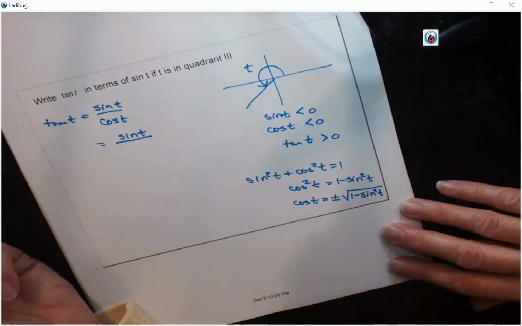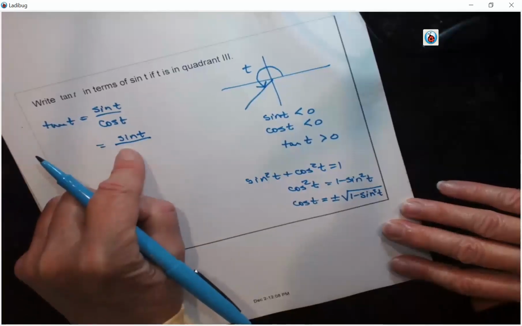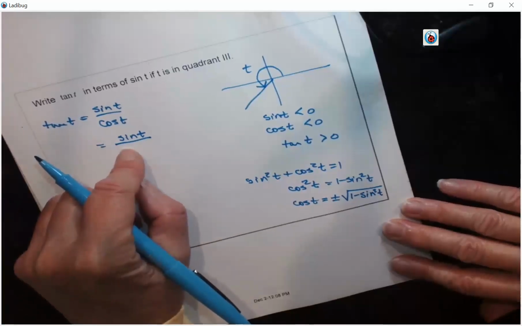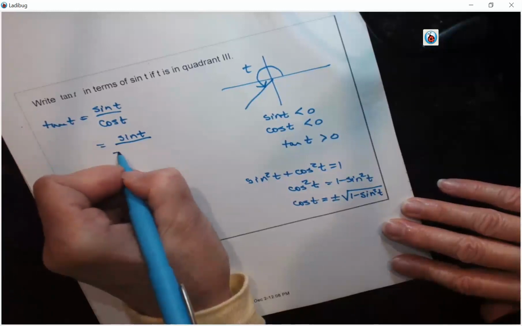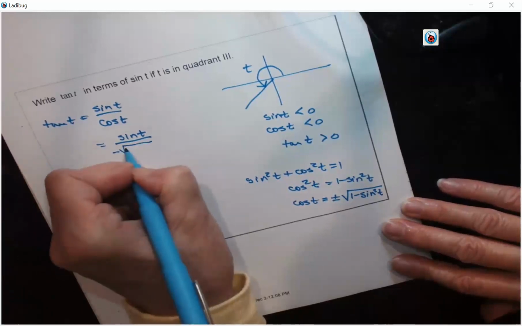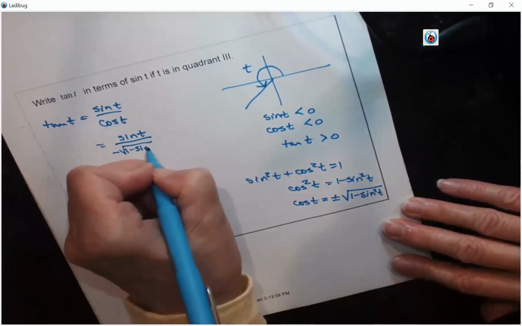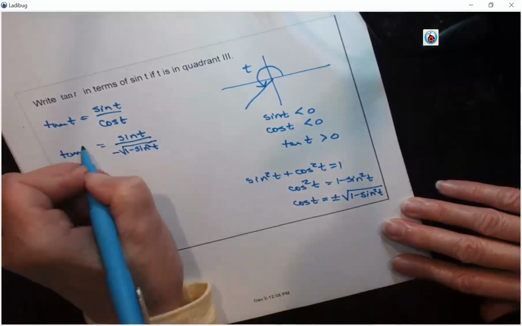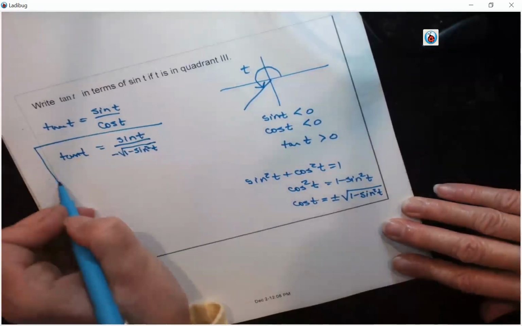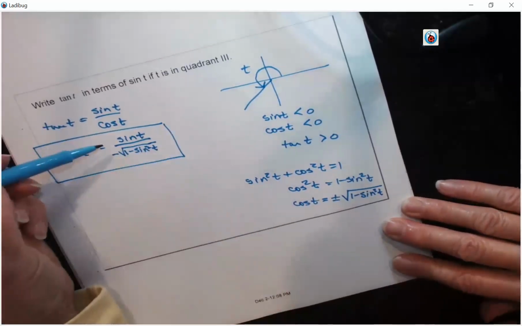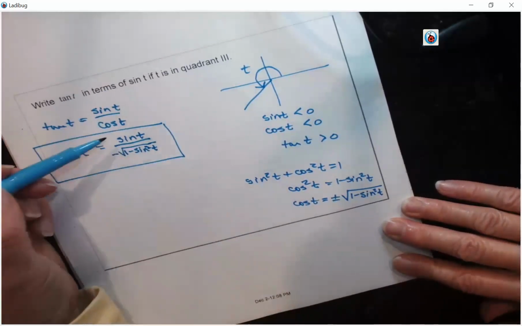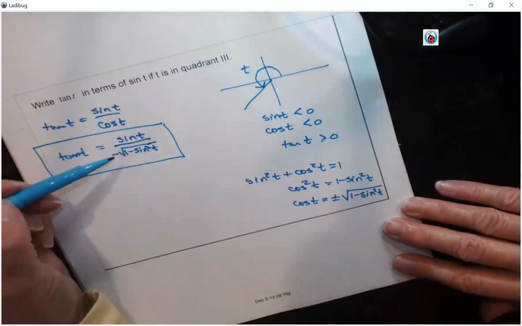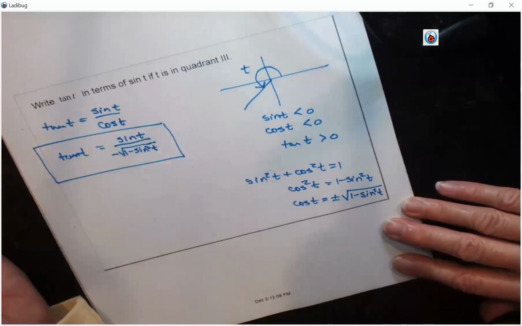I already know that the sine of t is negative, so I need the cosine of t to also be negative. And there is my tangent of t in terms of sine of t. Now remember, the sine of t in quadrant number 3 is already negative, so negative divided by negative does give me the positive that I want.